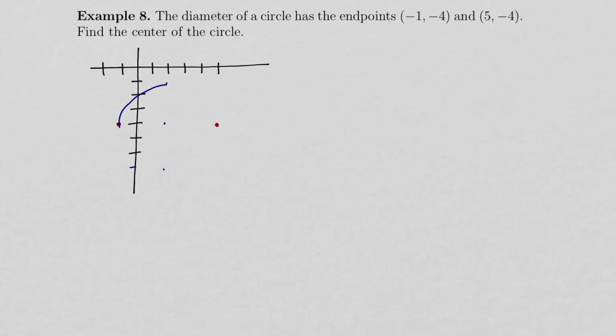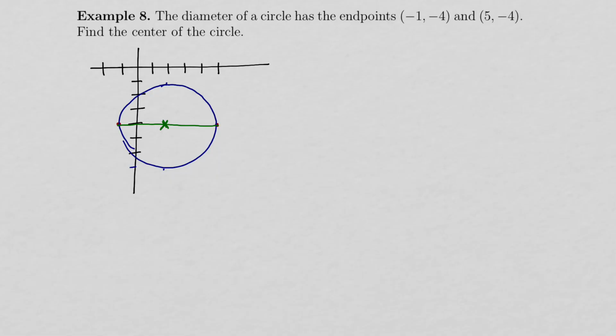It'll go through something like that. We know that the diameter has those two endpoints, and we want to find the center of the circle. We want the midpoint, because the center of the circle is basically the midpoint of the diameter.